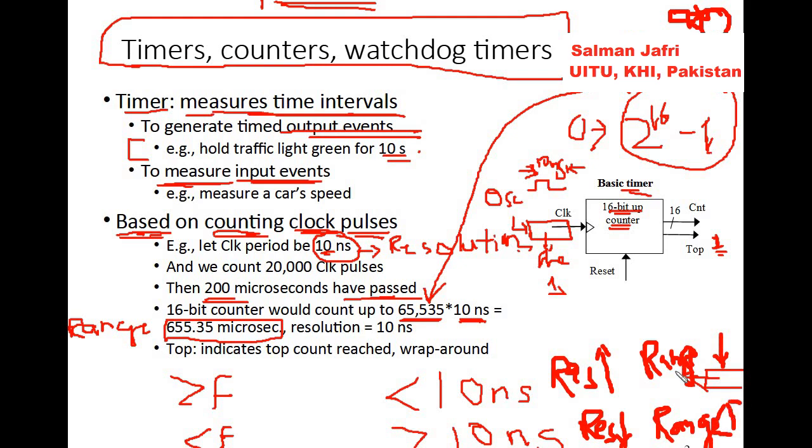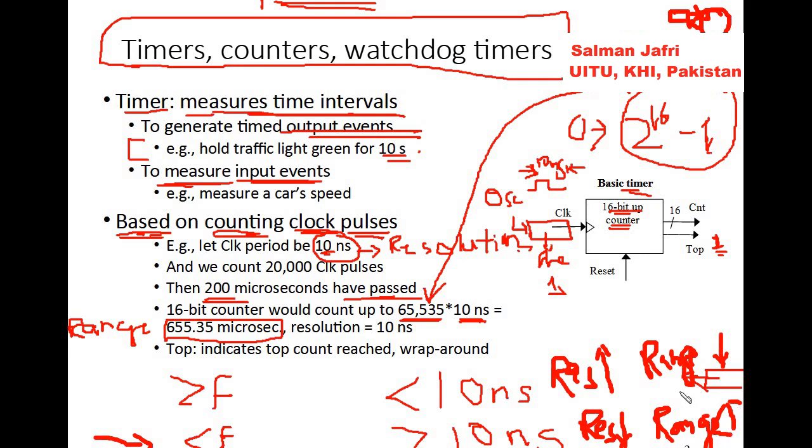Okay. So as we know this now, this bottom line becomes very important to us, right? How does it become important? If we want to count large time intervals, we need to have a large range, yes or no?